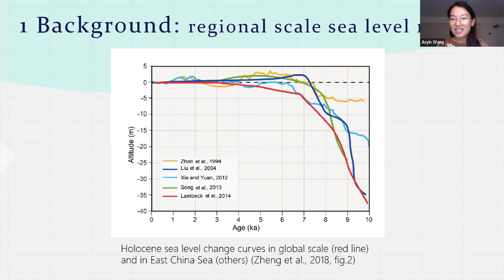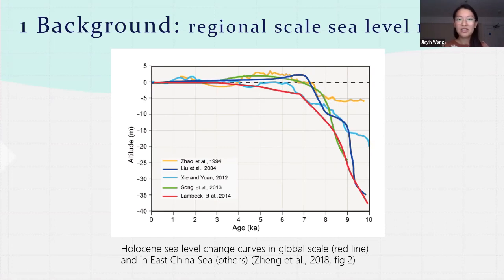However, from all these curves, we can give a general pattern of this region: between 7,000 and 4,000 years before present, the fluctuation of sea level is most intense, and the peak of the sea level rise is around 4 meters above the present level.